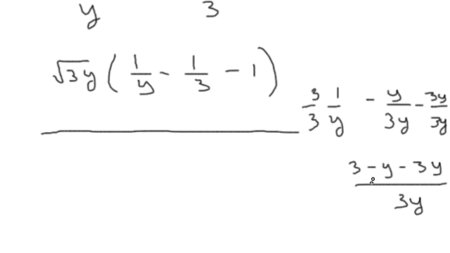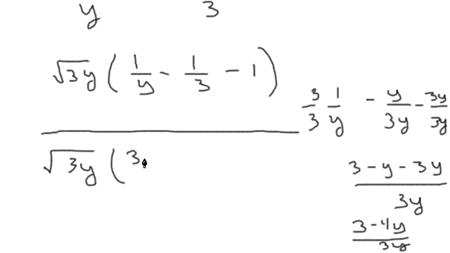It's all over 3y, and so that becomes 3 minus 4y over 3y. I said I wasn't going to work this out, but I guess it looks like I am. 3 minus 4y over 3y. Okay, there you go.